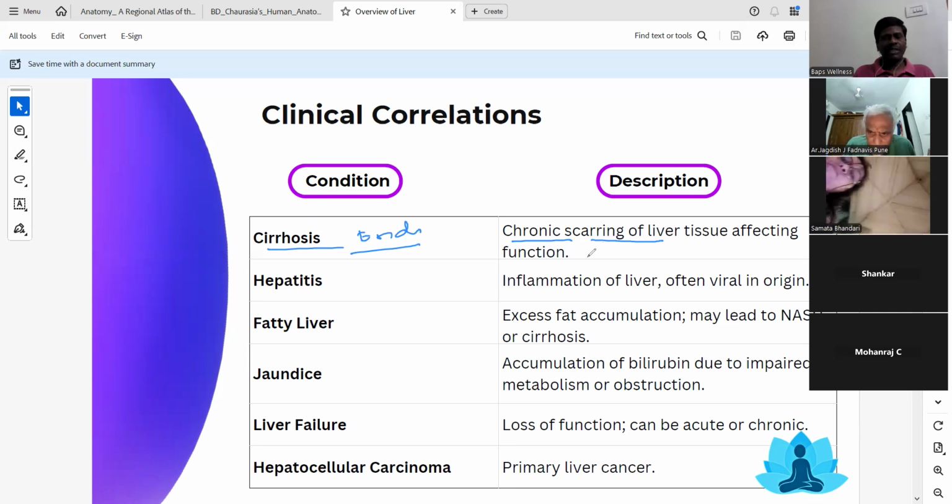When the hepatocytes are permanently damaged, they cannot perform their normal metabolic activities. So once cirrhosis comes, modern medicine advises only liver transplantation. Whereas in our clinic, we have reversed liver cirrhosis almost within 30 days.